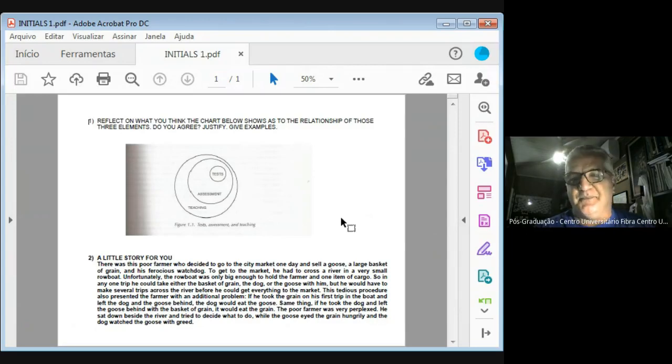Let me help you. It says here, to get to the market, he had to cross a river in a very small rowboat. And later it says, he would have to make several trips across the river before he could get everything to the market.